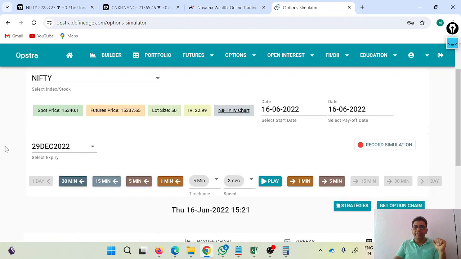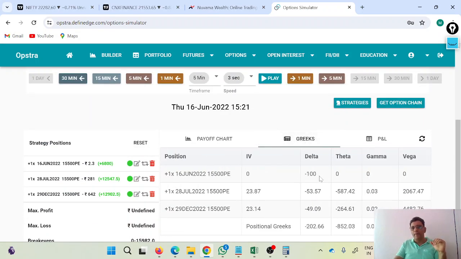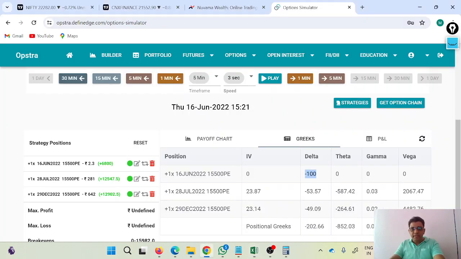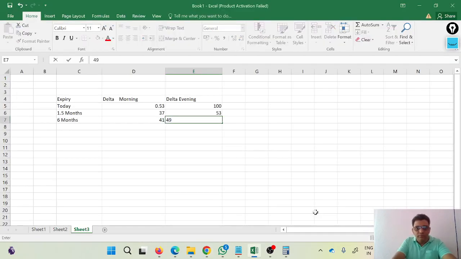And if you look over here now, currently the market has gone down. Greeks, see, look here. For the current week expiry, the delta has gone to 100 in the evening. From 0.53, it has increased to 100. Here, it has become only 53. And for 6 monthly, it has become 49.